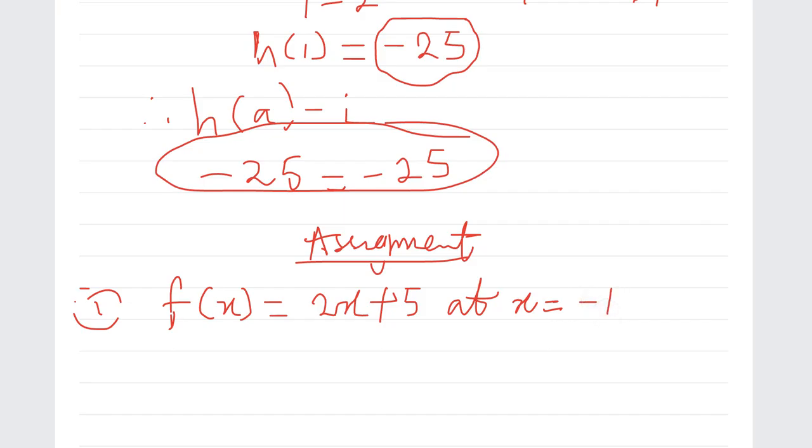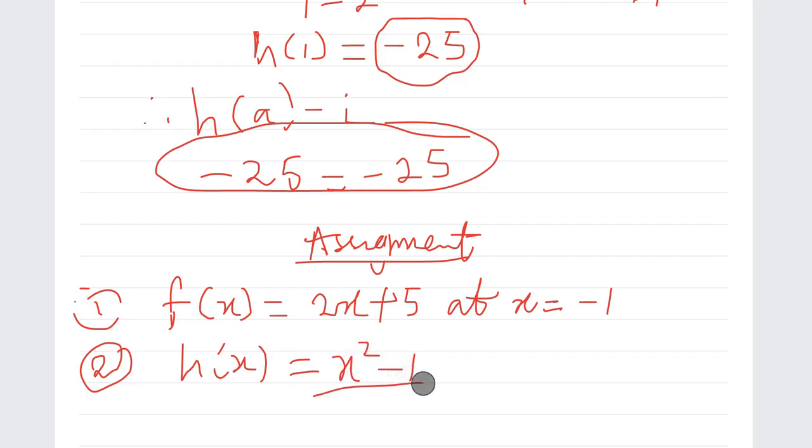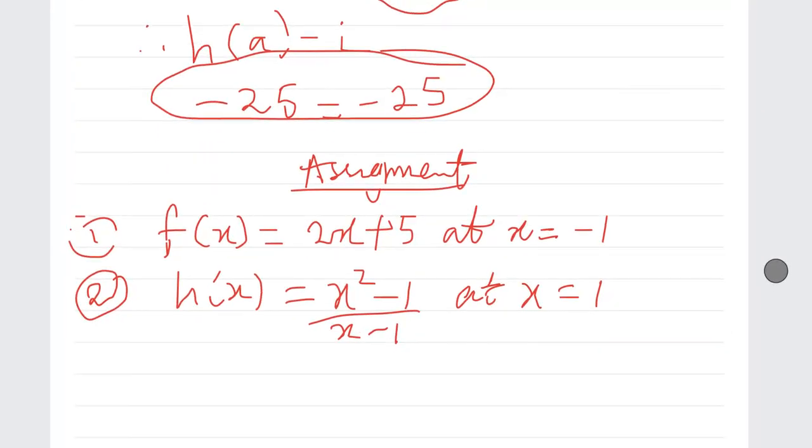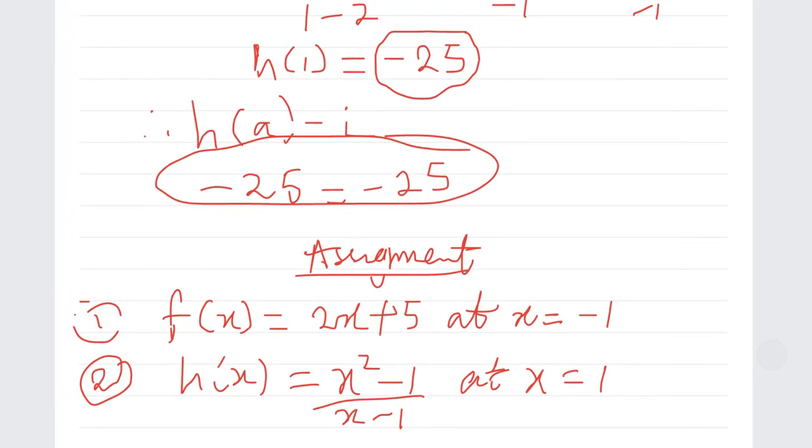Check if this function is continuous. Number 2, check if this function is continuous: h of x equals x squared minus 1 over x minus 1 at x equal to 1. So check if these functions are continuous at this point.